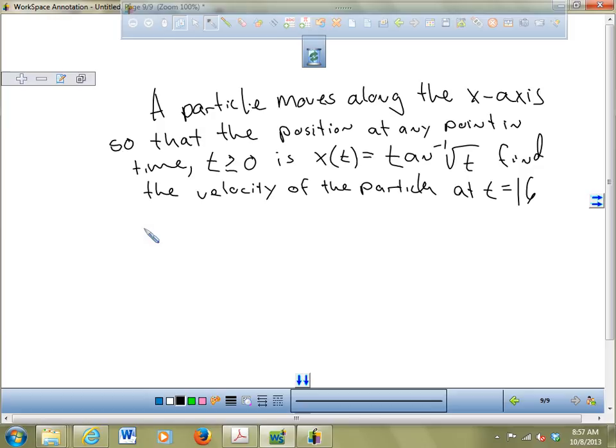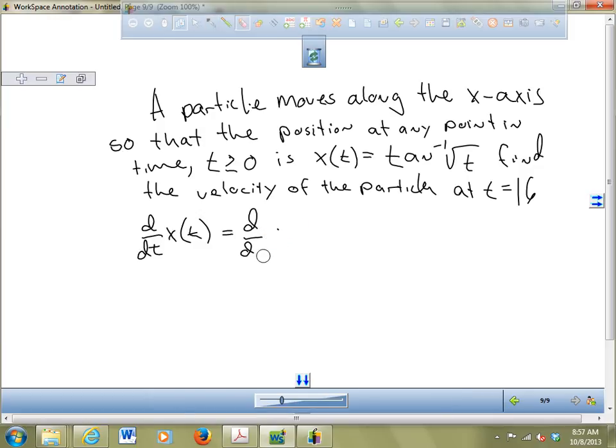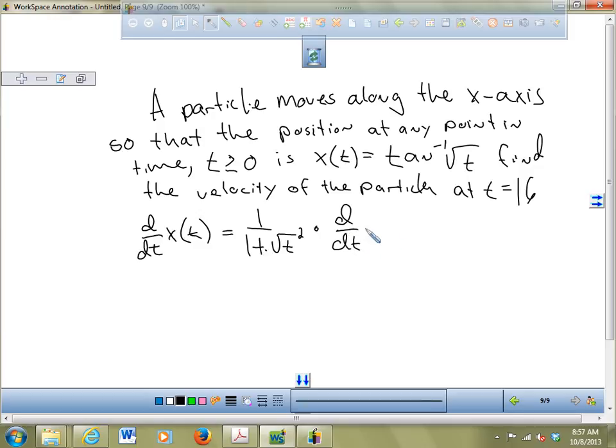So the derivative of the inverse tangent, I'm just going to write out what it's equal to. d/dt of x of t is equal to the derivative of this, 1 over 1 plus square root of t, squared, times the derivative with respect to t of square root of t.